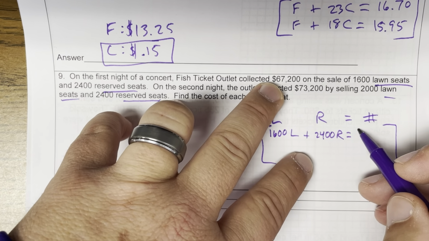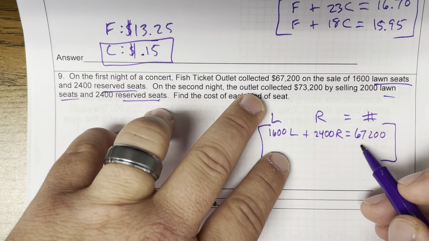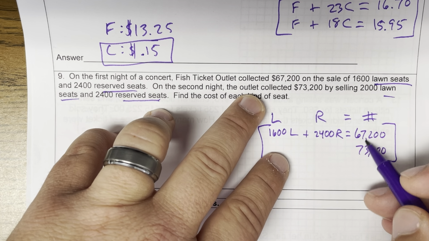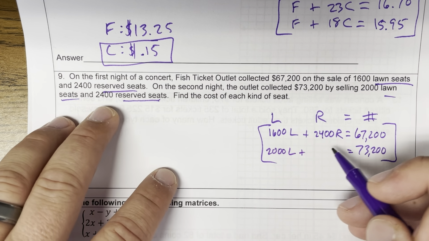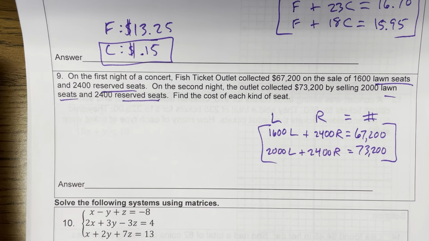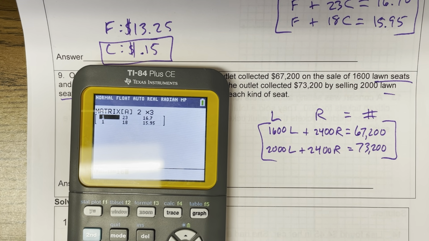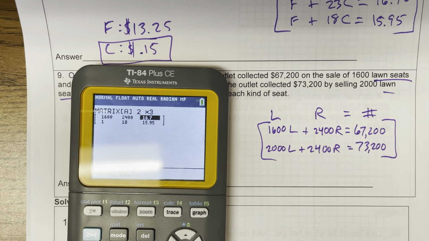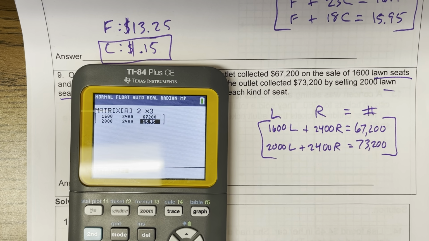And we made 67,200. On the second night, they collected 73,200, and they had 2,000 lawn and 2,400 reserved. So now we're matrix ready. 1,600, 2,400, 67,200, 2,000, 2,400, 73,200.